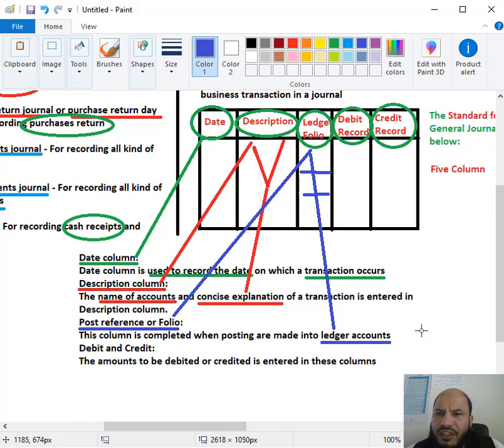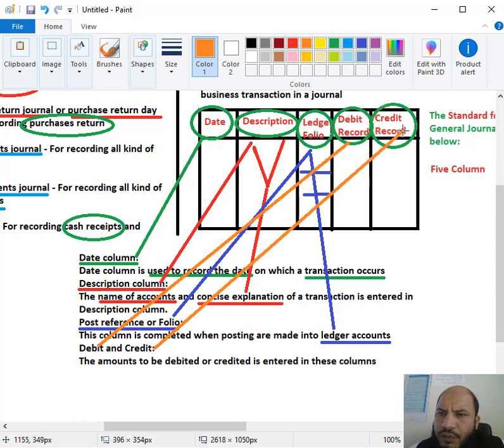The last two columns are the debit column and the credit column. In the debit column, we will record all those amounts of money which need to be debited, and in the credit column we will record all those amounts of money which need to be credited.